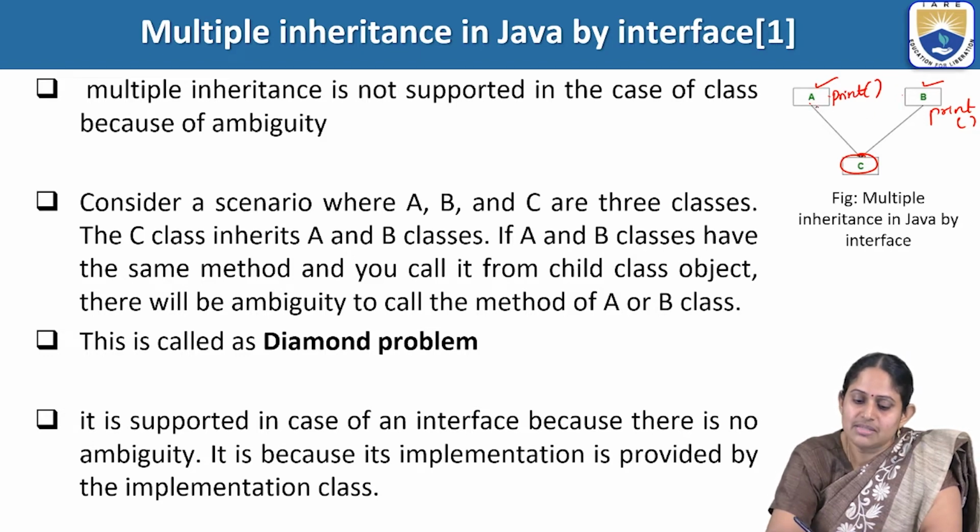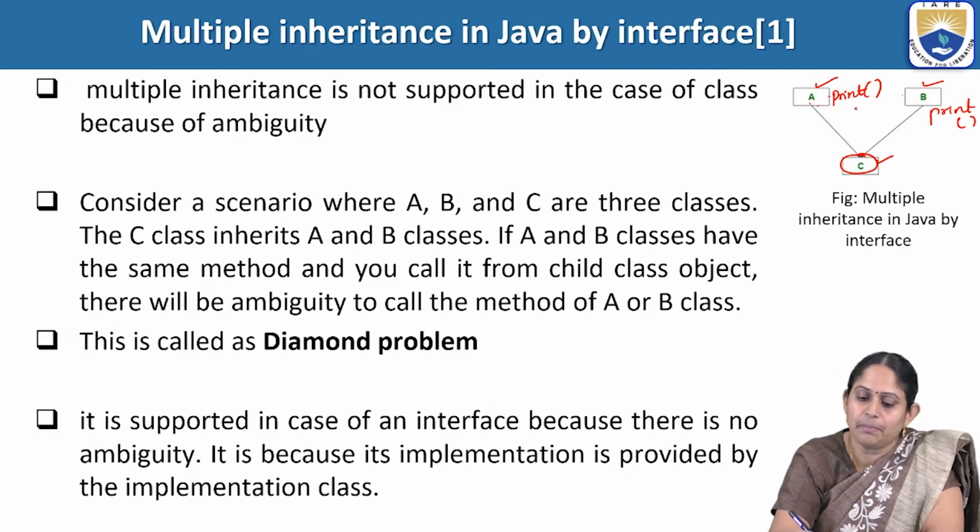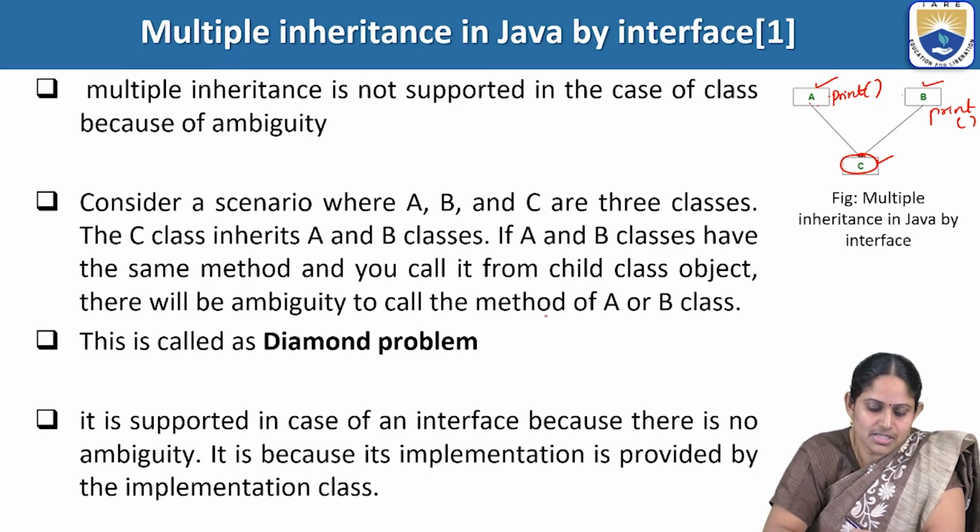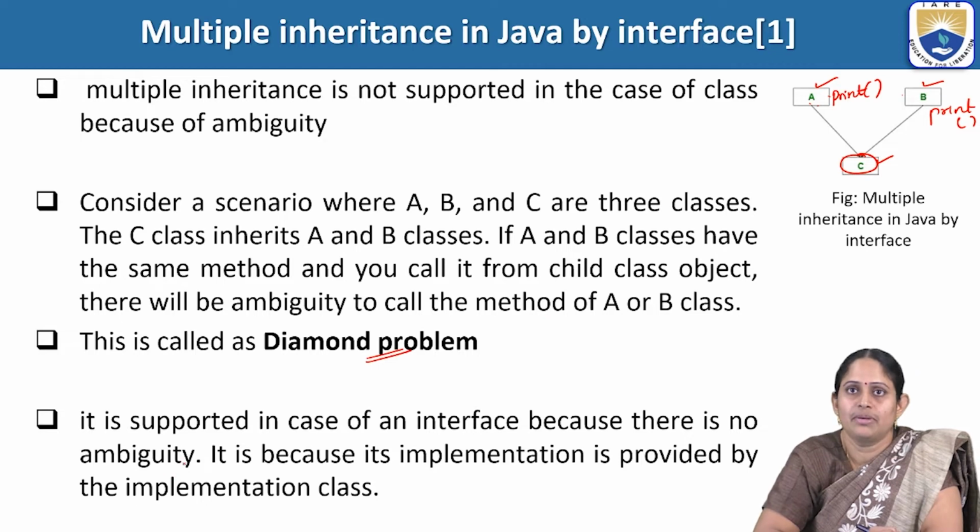Now, when these classes are inherited by another class C, and we create an object of C and try to invoke the print method on that object, the compiler will have an ambiguity about which method it has to invoke. This problem is called the diamond problem.